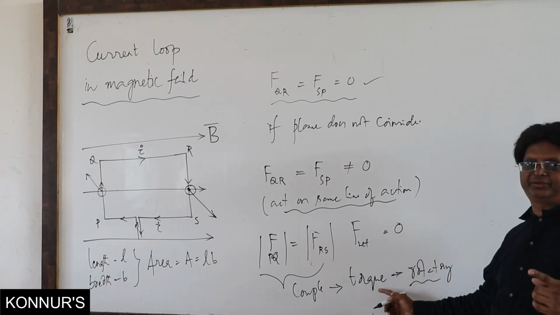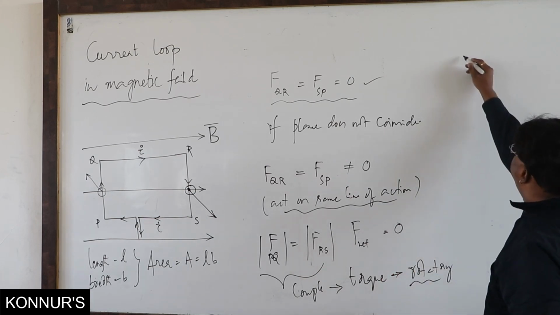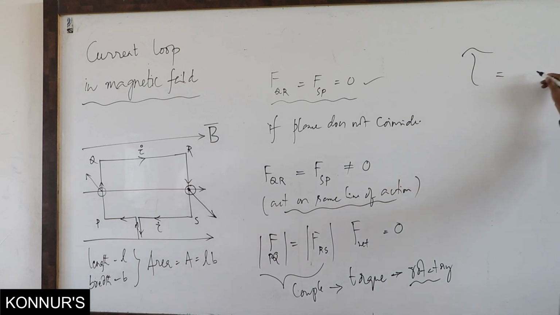Now what is the expression for torque? I am writing, torque tau is equal to I A B sin theta, for a loop, that is, a conductor bent in the form of some geometry.